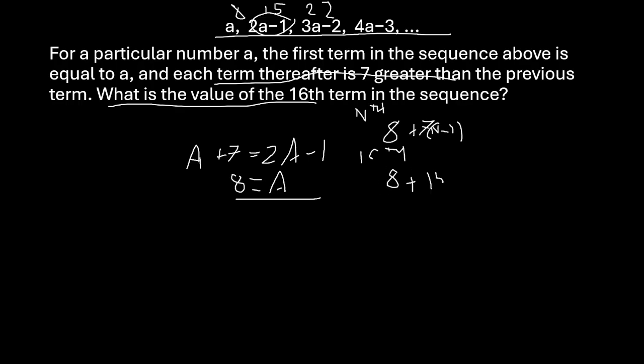We have 15 other terms, each one 7 greater. So this would be our answer, which is 15 times 7 is 105, plus 8 is 113. And that's our final answer.